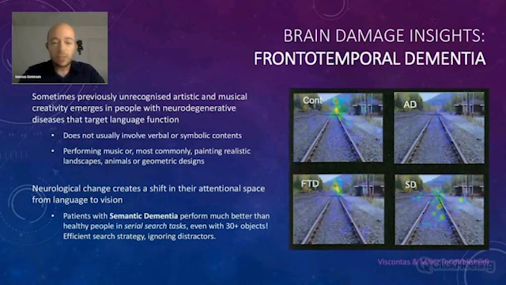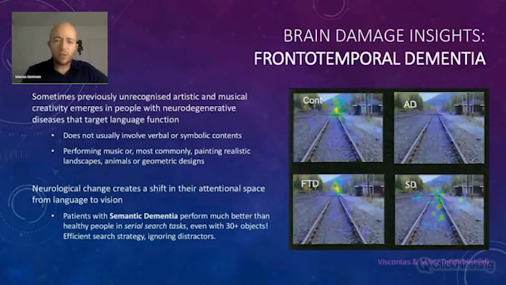Studies have shown that patients with semantic dementia are actually much better than healthy people in what's called a serial search task, and we'll do one together in just a moment. If you show people 15 objects on a screen and ask them to identify one specific one, people with semantic dementia do that faster than healthy controls.